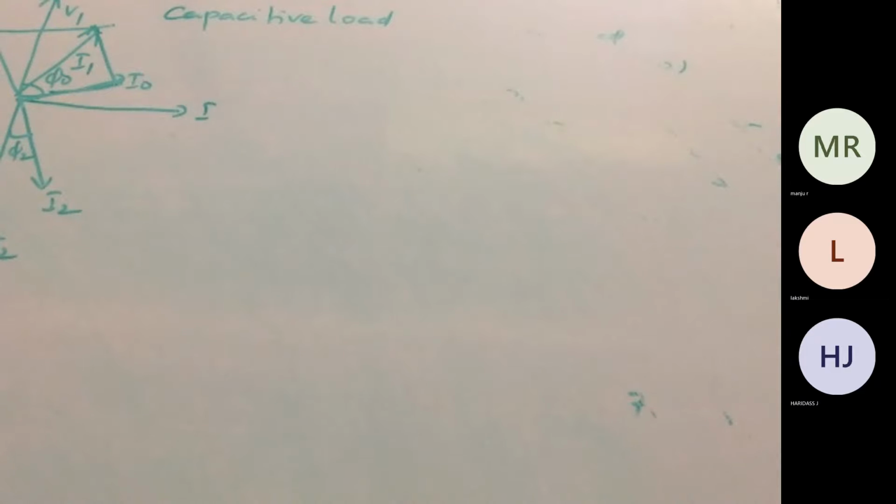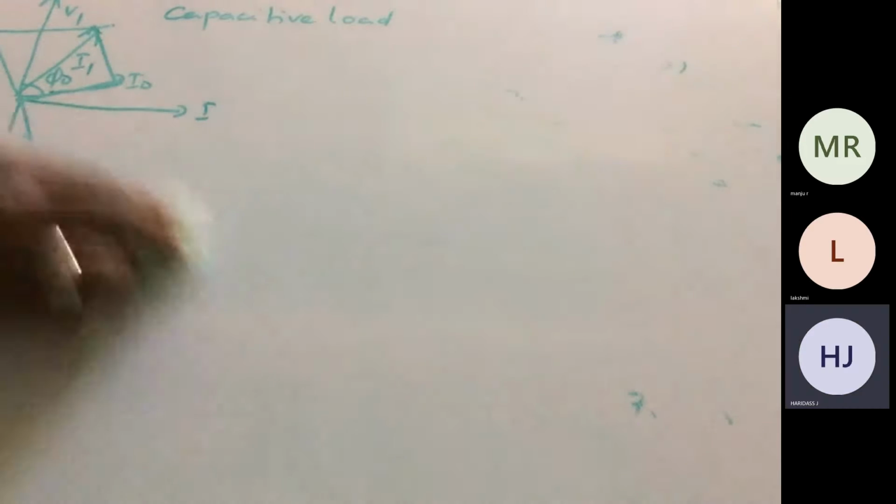Now we have to consider the winding resistance, but no magnetic leakage. So we consider only the winding resistance, without magnetic leakage. The primary winding has resistance as well as reactance; similarly, the secondary winding also has resistance as well as reactance.